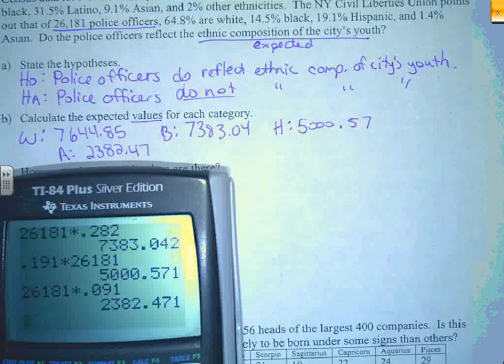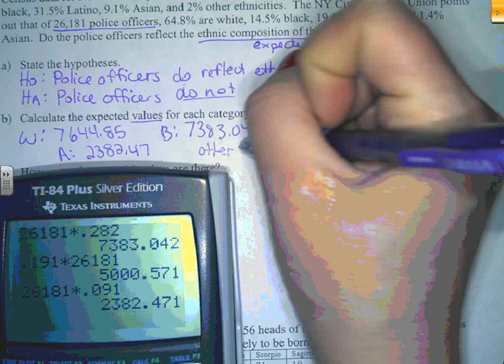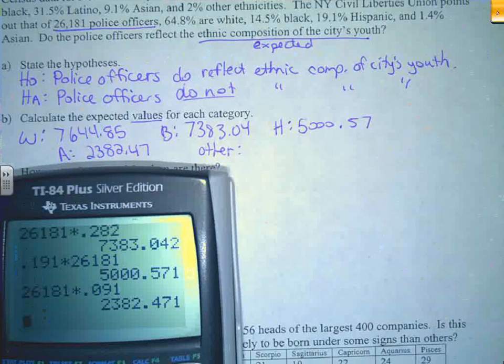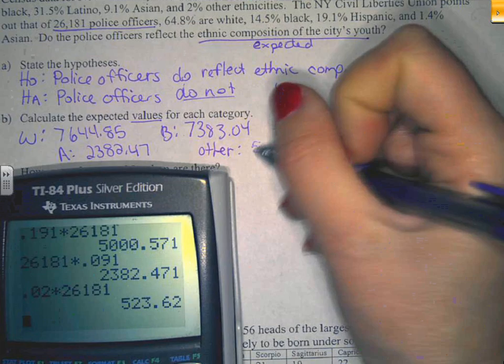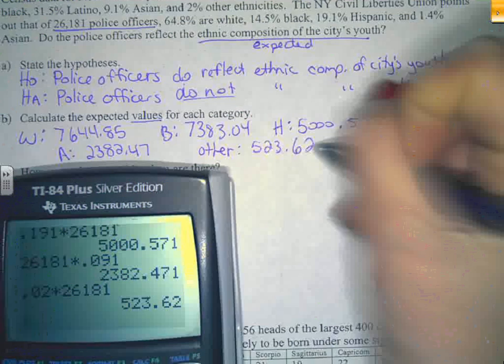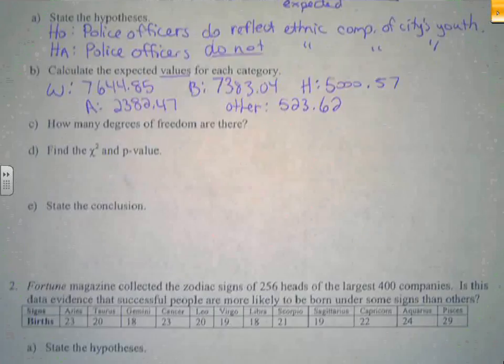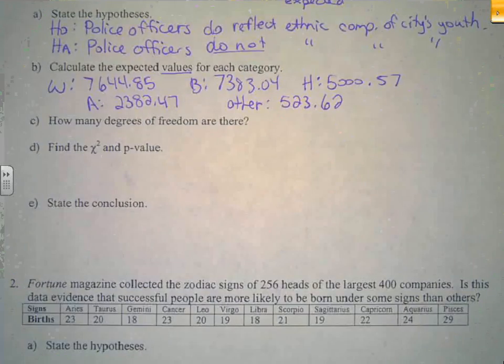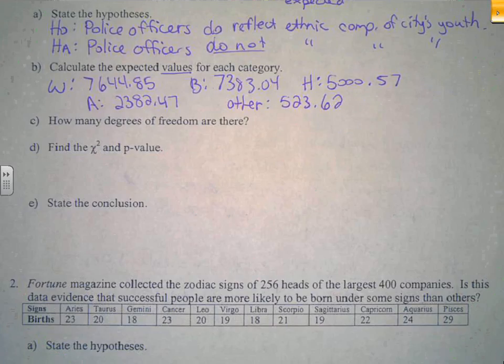It's not listed for police officers, but there's just an other. It says 2%. They would expect to be other. Okay, so you have to do that. I have to figure out what's the difference.